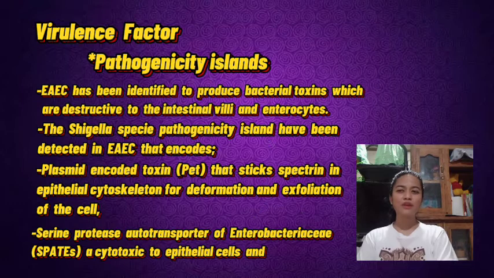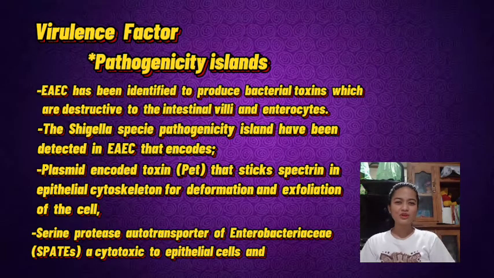In terms of pathogenicity islands, EAEC has been identified to produce bacterial toxins which are destructive to the intestinal villi and enterocytes. The Shigella species pathogenicity island has been detected in EAEC that encodes the plasmid-encoded toxin, or the PET, that attacks spectrin in the epithelial cytoskeleton, causing deformation and exfoliation of the cell.